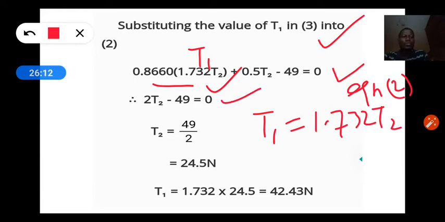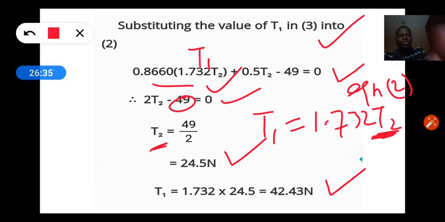So making T2 subject of the formula, as you can see, if I bring 49, it becomes positive 49 over 2. So I have my T2. Okay, so to now obtain my T1, we just go back to this formula and substitute your T2. So that's 1.732 times 24.5. That gives me my T1.